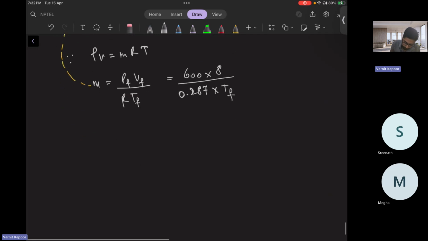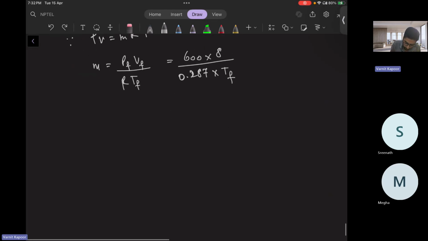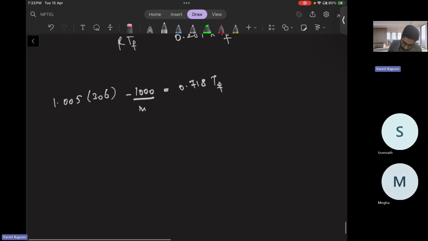So first of all, let us write like this: 1.005 into 306 minus 1000 by M is equal to Cv, 0.718, T final.